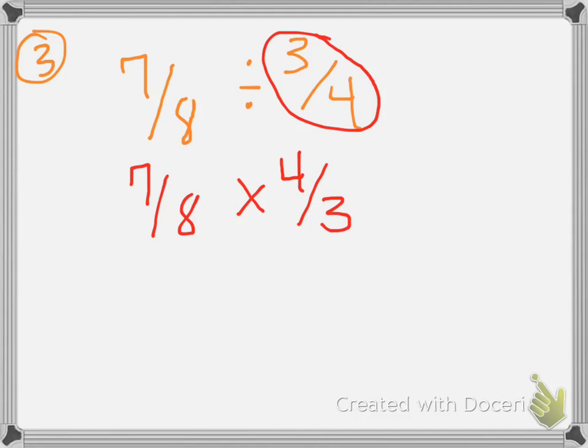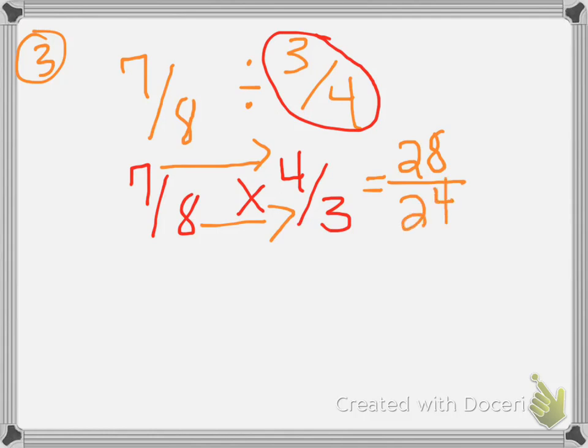To solve this problem, we're going to multiply straight across. 7 times 4 equals 28. And 8 times 3 equals 24. Okay, if we notice, this is an improper fraction.